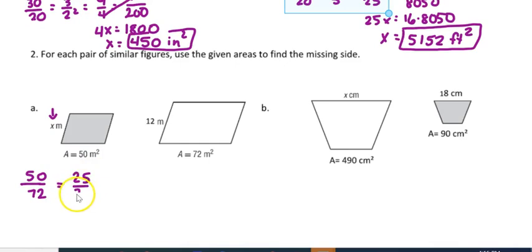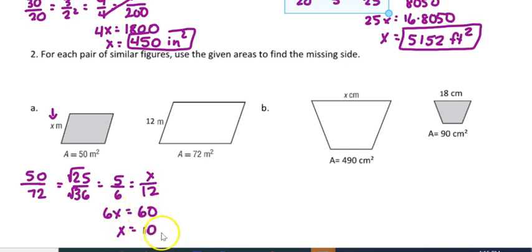And that's going to be a 36. Then we'll take the square root of each, and we'll get 5 and 6. So we know that this 5 and 6 go with the 12 and the side that we're missing. So the missing side is 10 meters.